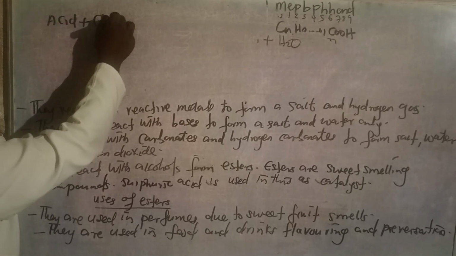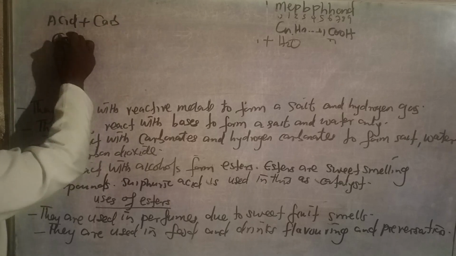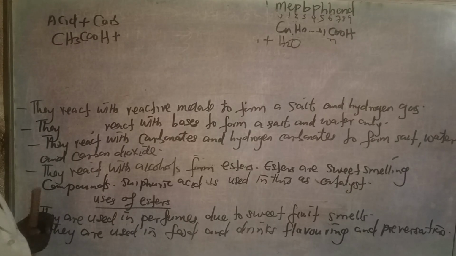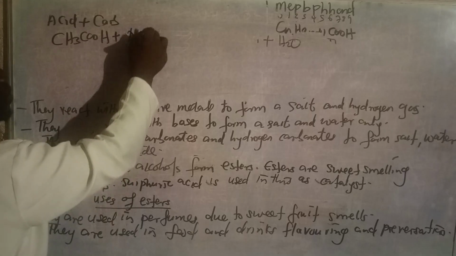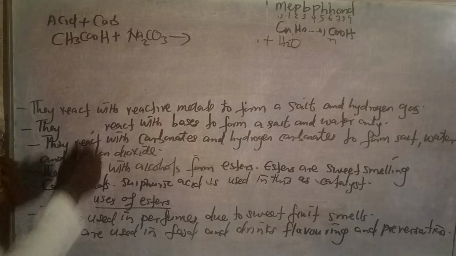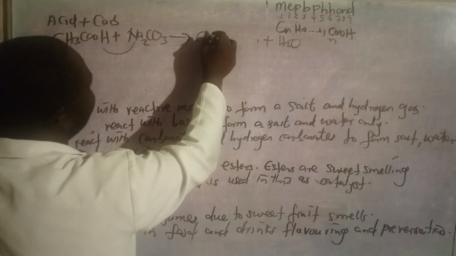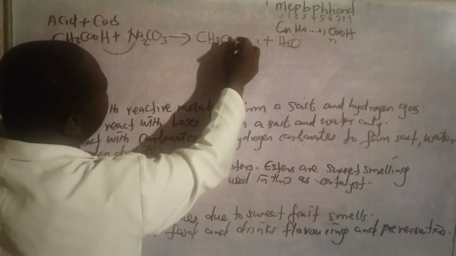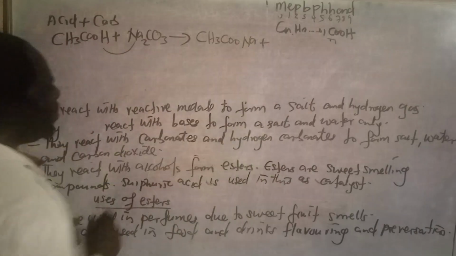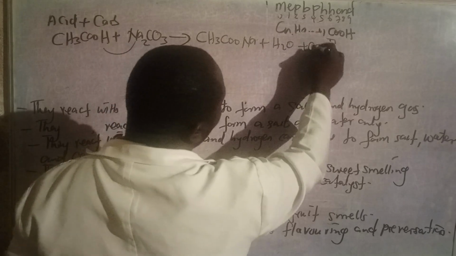react with carbonate. For example, we can take the same acid, ethanoic acid, CH3COOH, plus carbonate, we can say sodium carbonate. Then the product is the salt, so this one will react with this one. So it will be CH3COONa, sodium ethanoate, plus carbon dioxide and water.